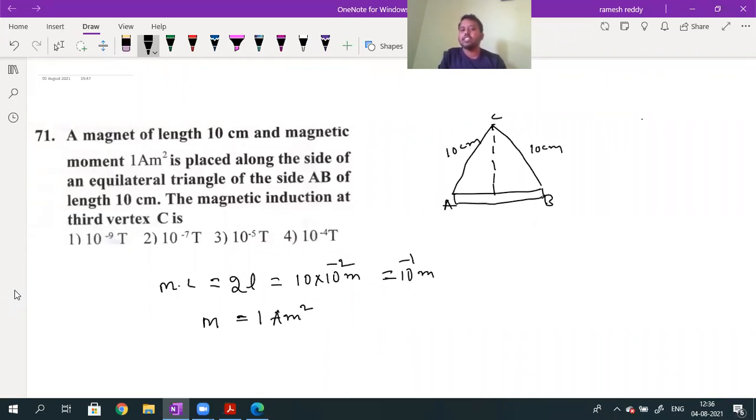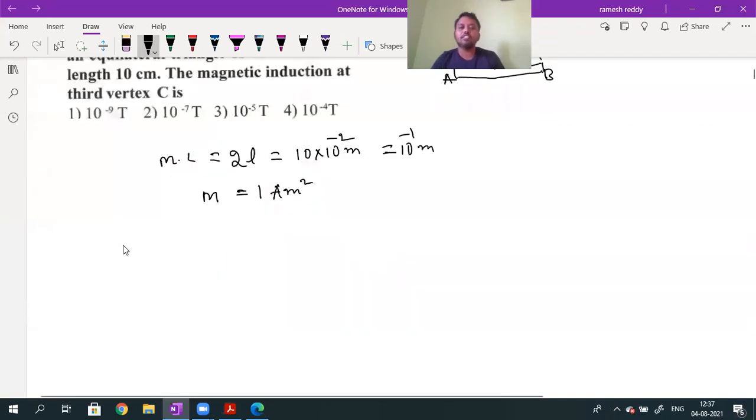So now this is the expression for magnetic field induction. If I consider the length is small, 10 centimeters, for a short bar magnet, what is the expression for magnetic field induction due to a short bar magnet on its equatorial line? What is the formula for B value on equatorial line?